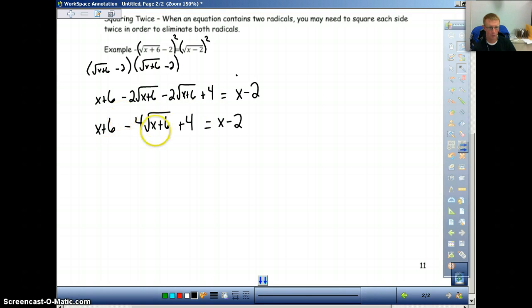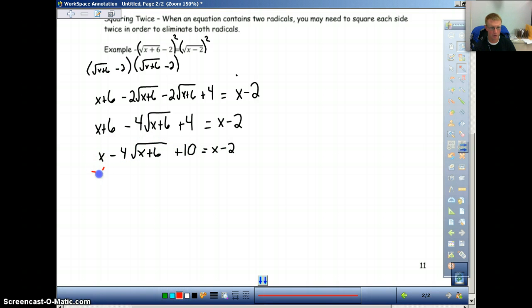So let me rewrite one more line. So we have x minus 4 root x plus 6 plus 10 equals x minus 2. So now I'm going to move everything to the other side except for the radical. So I'm going to minus x. I'll put this in a different color so you can see what I'm doing.